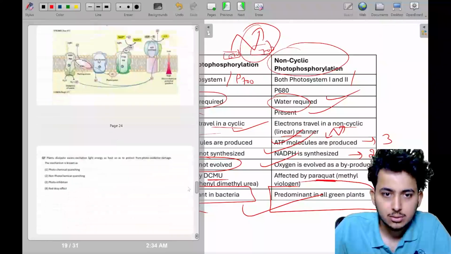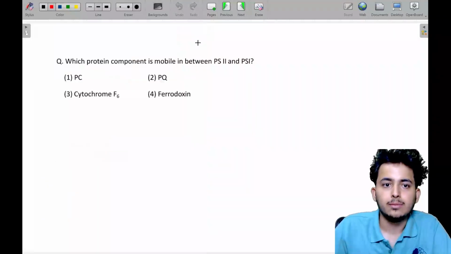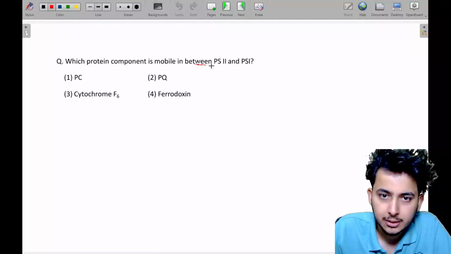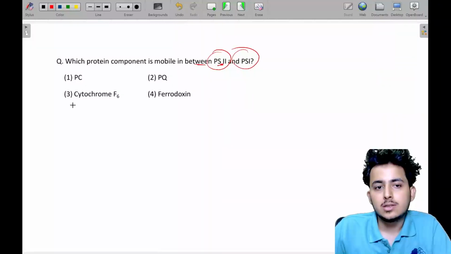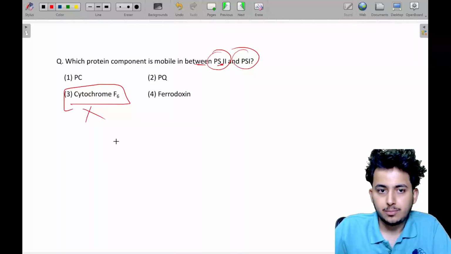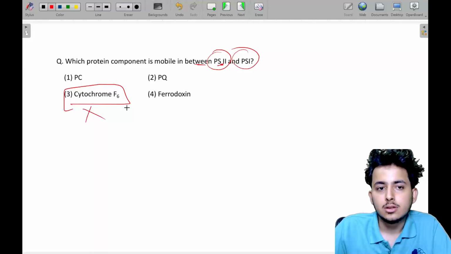Now I guess we are good to go with some questions. Which protein component is mobile in between PS2 and PS1? This is not a mobile component, but these are mobile. But the question is which protein component is mobile?